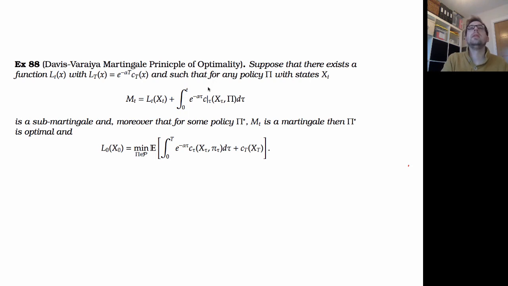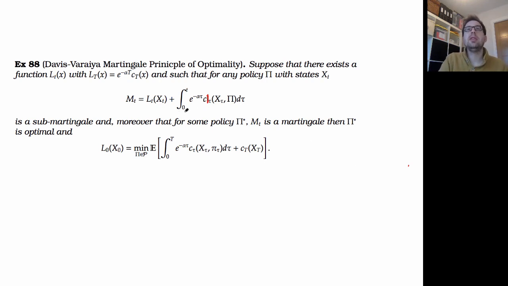Let's suppose that we can find a function L of t of x that satisfies at time t our termination condition, and such that for any policy pi with states x of t, the following function M of t, which is equal to L of t, x of t, plus the integral from 0 to t of e to the minus alpha tau times the instantaneous cost at time tau d tau, is a sub-Martingale. There's a slight typo here, we shouldn't have this bar here, so ignore that.